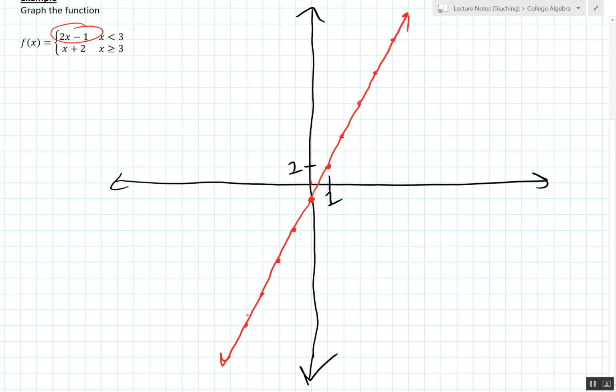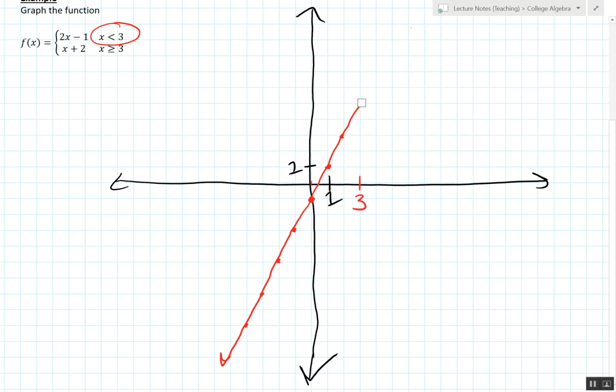Alright, that's good. Now we don't want to consider this part anymore. Now we just want to consider this part. We want all the values less than or equal to 3. Notice that 3 is right here. So we want to delete any part of the graph corresponding to values of x greater than 3. So we want to delete this part of the graph.